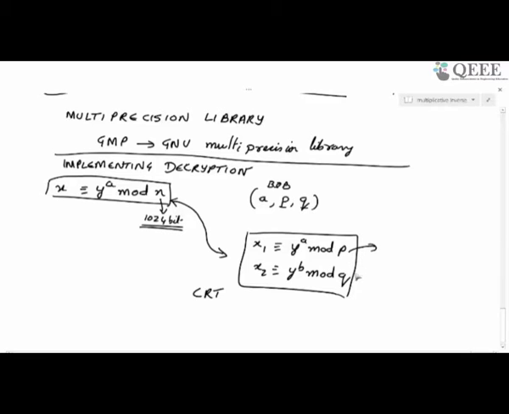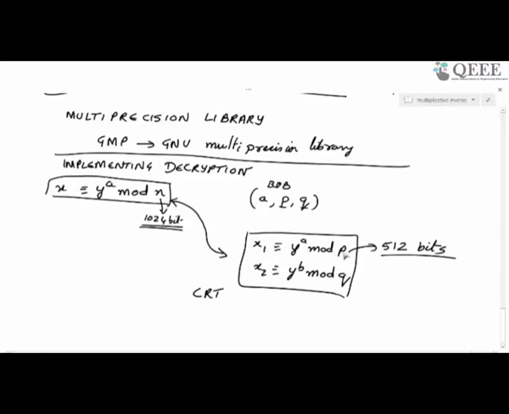So typically the n value is of the order of 1024 bits and p and q are of the order of 512 bits, and therefore the size of the arithmetic, the multiplications, the square operations and so on that we are doing to compute each of these cases is done on numbers which are half as long as when you're doing it in the modular n case.